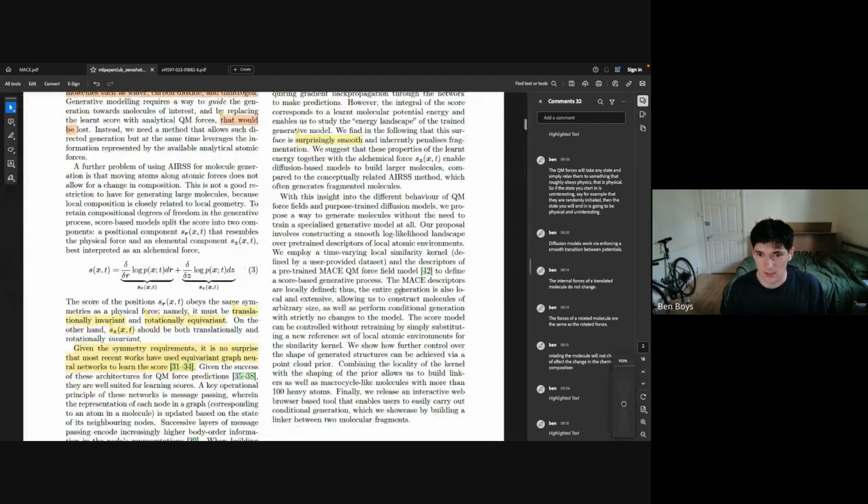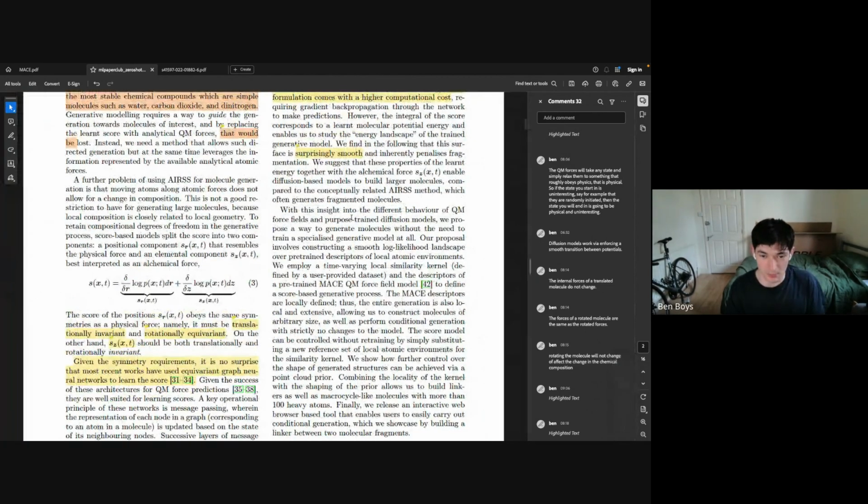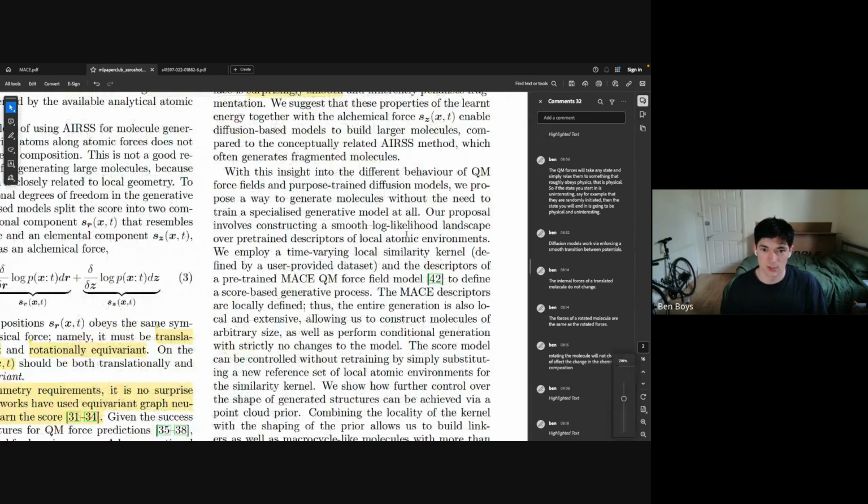So with this insight that we can build larger molecules with diffusion models, they're going to propose a way to generate molecules without the need to train a specialized generative model at all. This is the zero-shot aspect of the paper, and it involves constructing a smooth potential over pre-trained descriptors of local atomic environments.